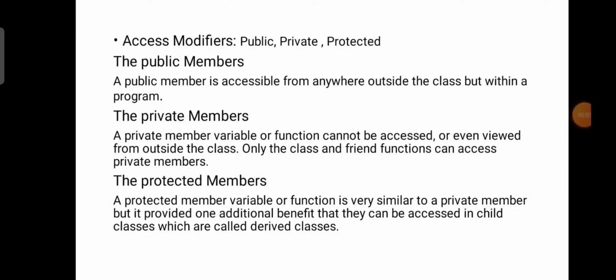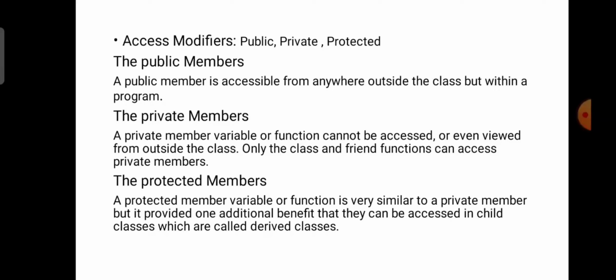So talking about access modifiers, access modifiers are public, private, and protected. Talking about public members, a public member is accessible from anywhere outside the class within the program. And what about private members? A private member variable or function cannot be accessed or even viewed from outside the class.